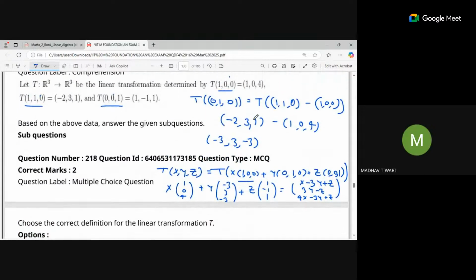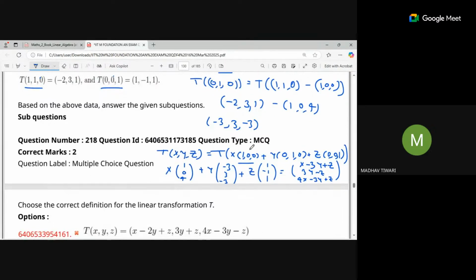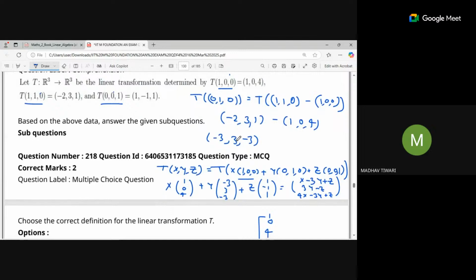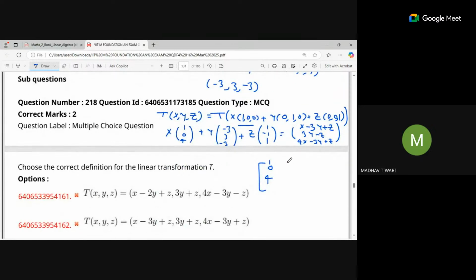So with the matrix, I can write rows (1,0,4), (-3,3,-3), and (1,-1,1). You can easily see that this column is dependent on this one.